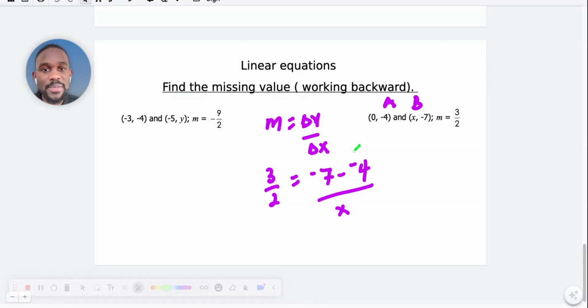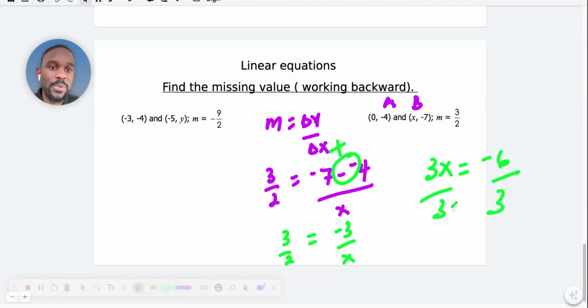Like I said, every time you have a minus negative, it turns into a positive. So this is negative 7 plus 4, which gives you negative 3. So if we rewrite this, it will be 3 over 2 is equal to negative 3 over x. Let's cross multiply. Dividing both sides by 3 will give me x. So x is equal to -2. All right, so what we're missing, this value here of x, is -2.